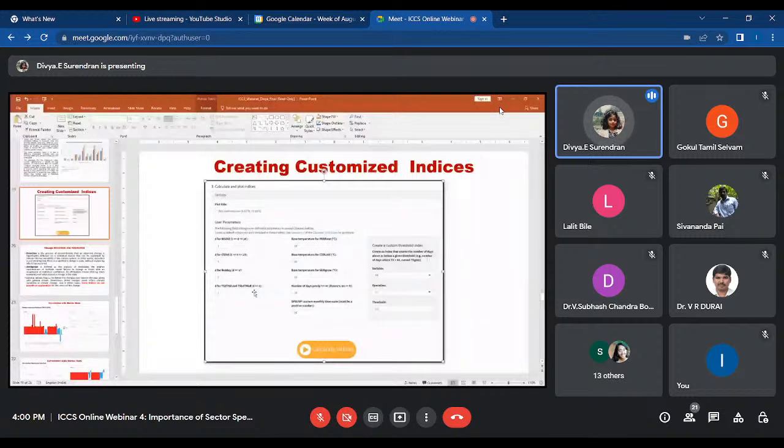Suppose you want to study 10 days continuous, that you can give. Similarly, there are different criteria we have to give in the customization page.